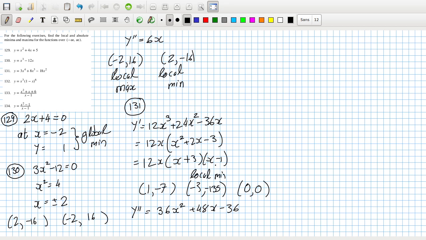And then if we put in 1, we get 48, so that's also a local min. There's no global max because as I go to infinity, this will go to infinity. But could there be a global min? We need to look at the third derivative, which is 72x plus 48. So at 0 is positive. So this is a rise and saddle.